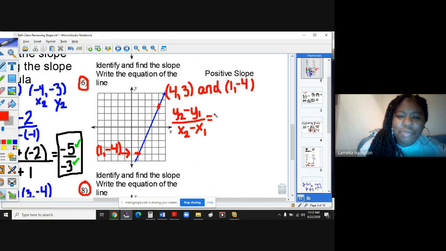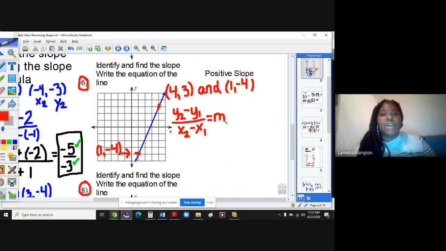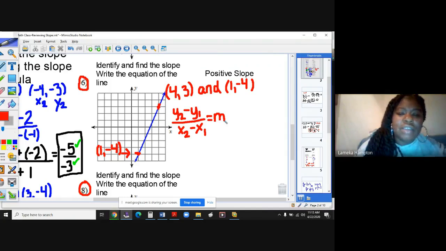All right. So remember, this is your formula to find the slope and the slope only. So you don't have to worry about finding the y-intercept as of yet. We ain't really there yet, so don't worry about it. All right. So now the next thing we're going to have to do is actually find our slope.